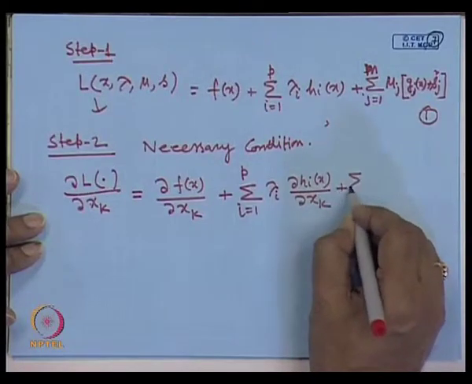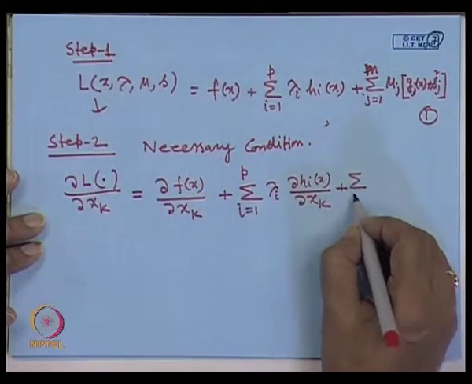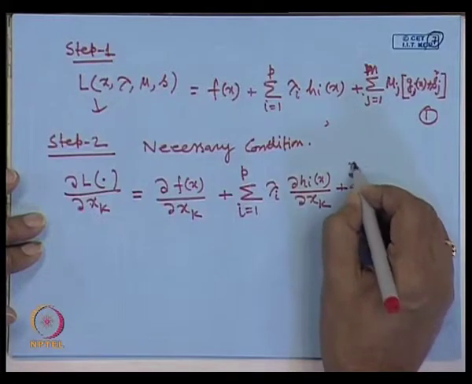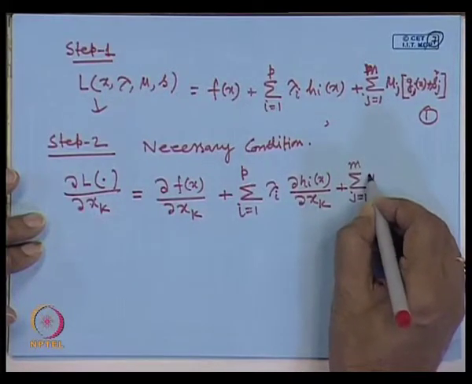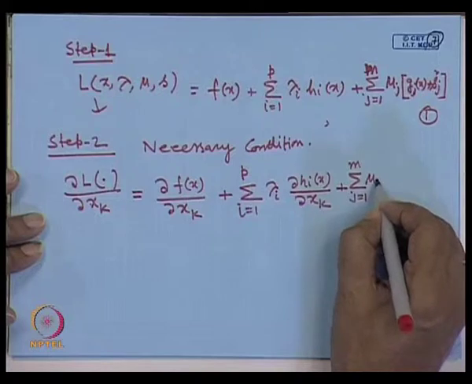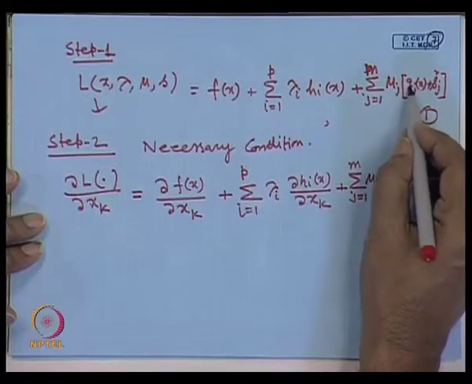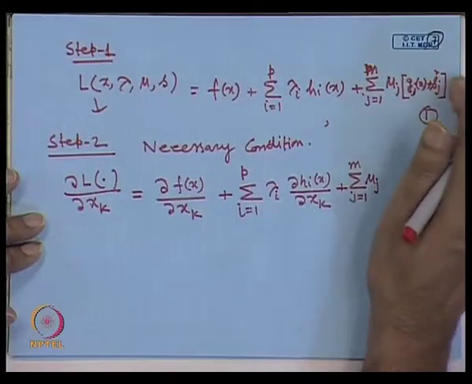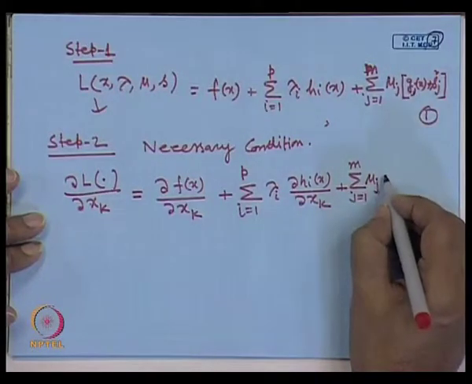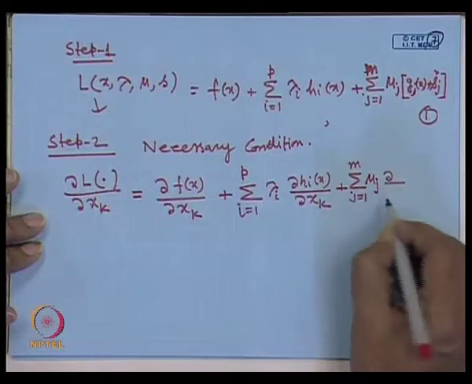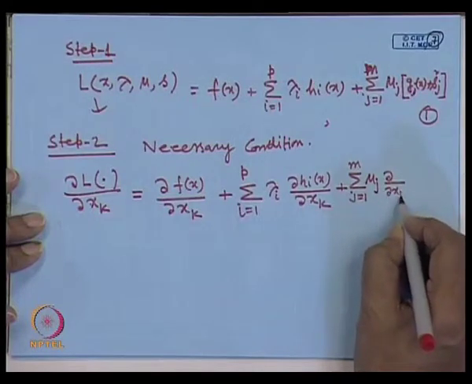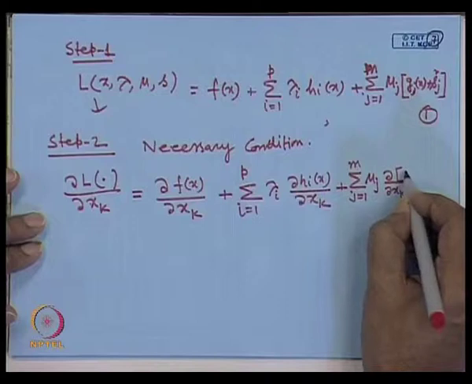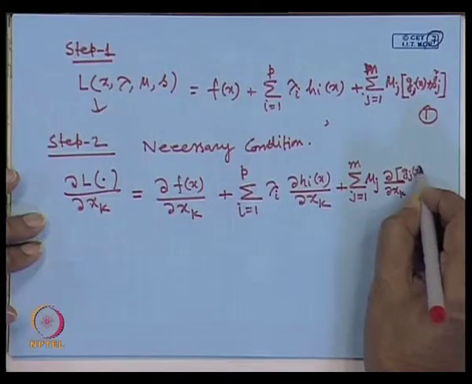Similarly, the summation j is equal to 1 to m, mu j is a constant quantity I can take, and now g is a function of x, the other is not a function of x. So, you can write del by del x k of g j of x.